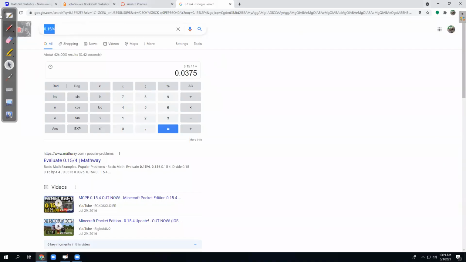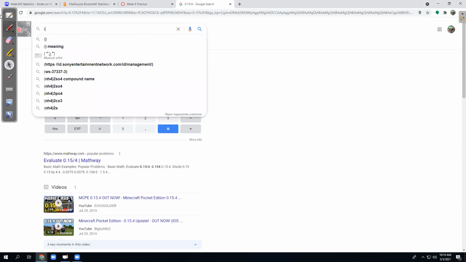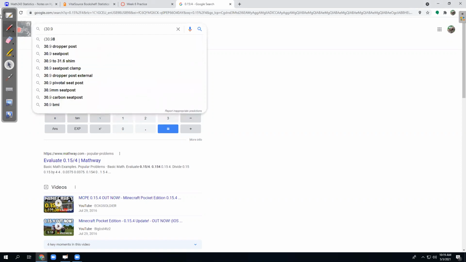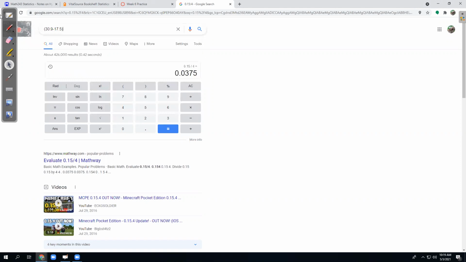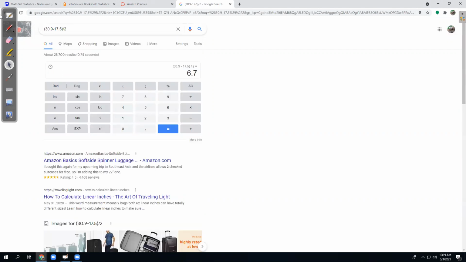Calculator, and parentheses to do the difference first. 30.9 minus 17.5 divided by 2. That's going to give me the margin, 6.7.